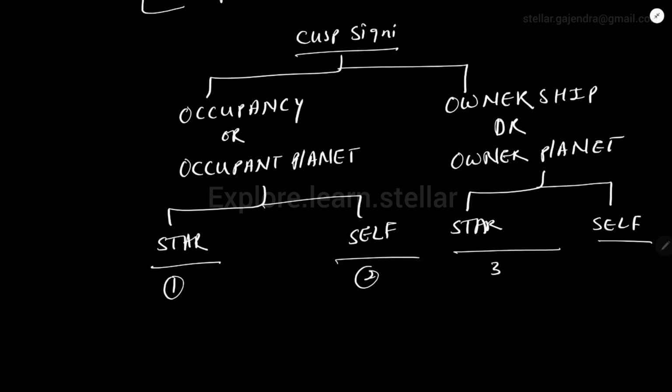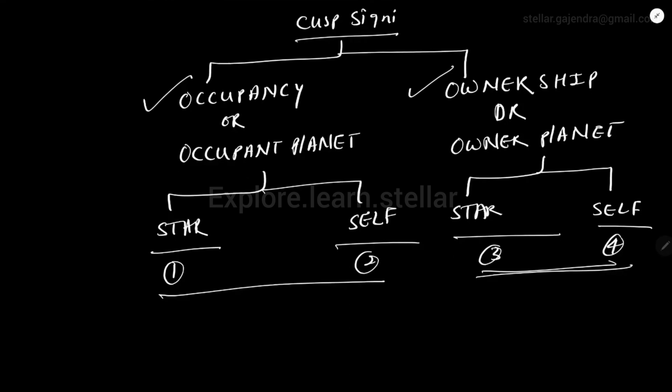Here star and self have a different meaning than in the planet significators, and we will see that now. A cusp can have multiple planets, a single planet, or no planets, or they can be occupants of a particular cusp.